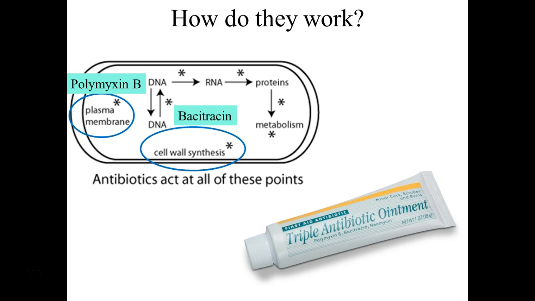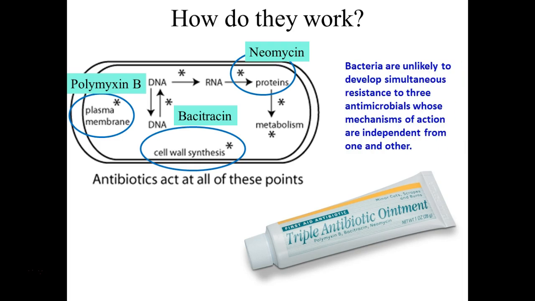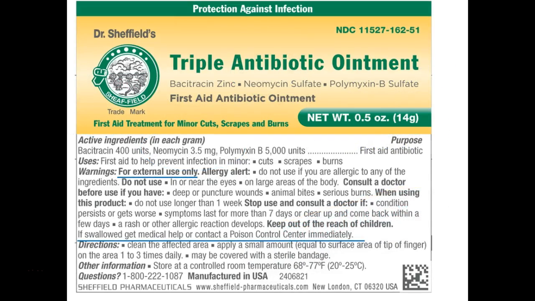Not because we have cell membranes, just the drug itself can be toxic in other ways for our cells. And then the last one is neomycin, which is where Neosporin gets its name, and it interferes with protein synthesis, right? So three different actions by three different antibiotics that are in your triple antibiotic ointment that you would have at home for treating minor wounds.